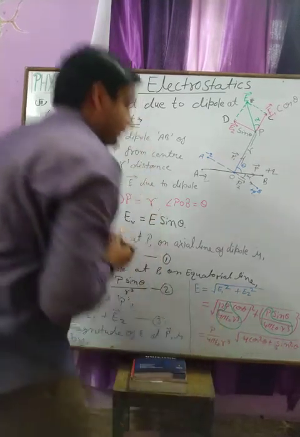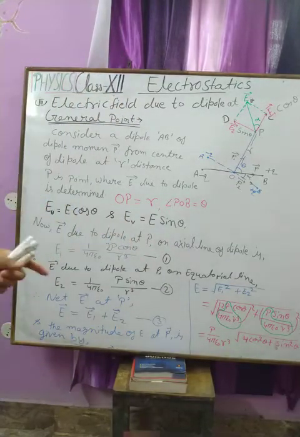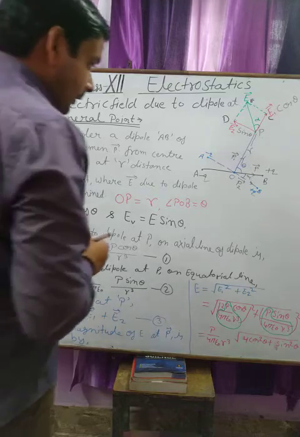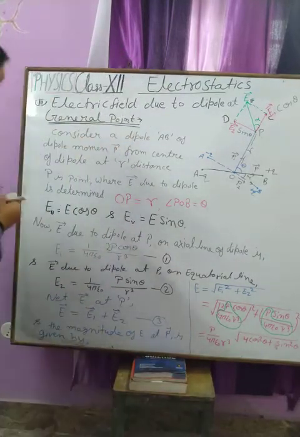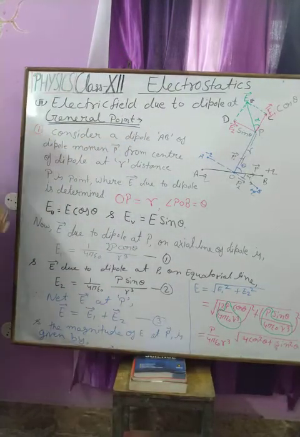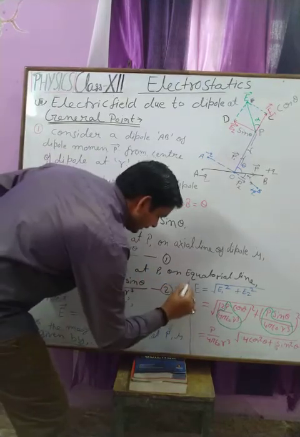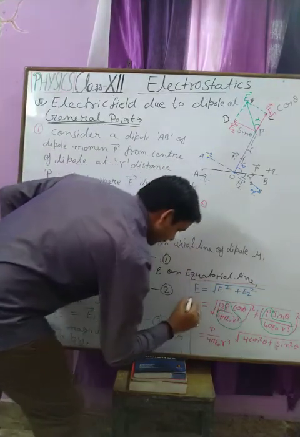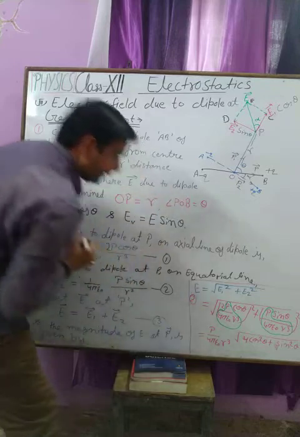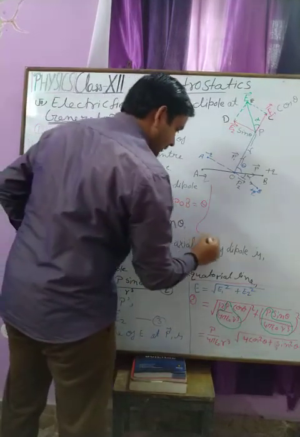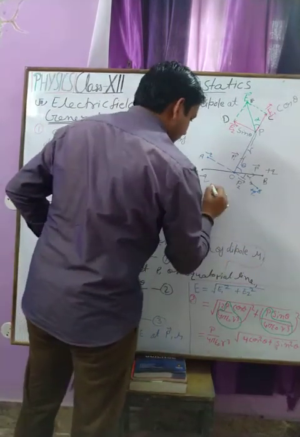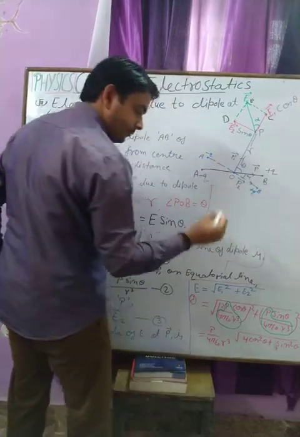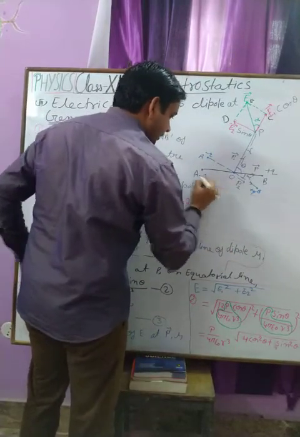This is the field. Now we are resolving this here. This is first, then this is second, and now we are solving this value here, that is the point third.